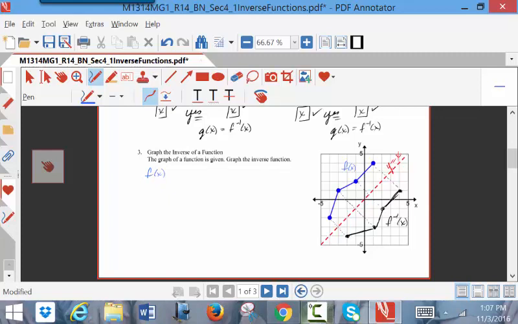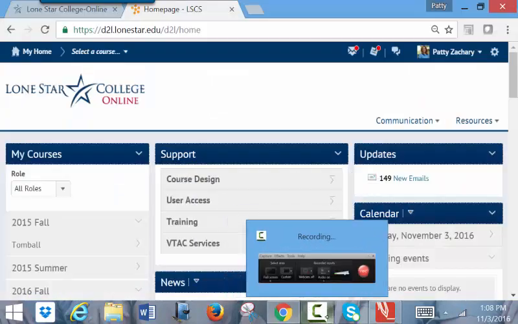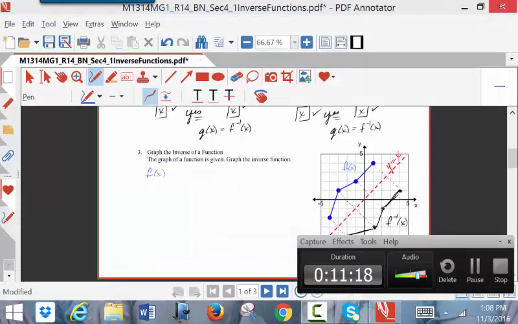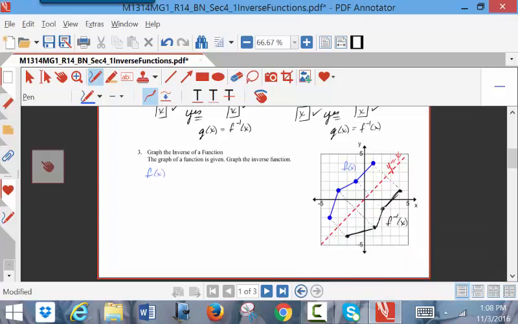That lowest point on the blue line, that would be the point, oh crud. What did I just do? Okay, here we go. This lowest point on the blue line would be the ordered pair (-4, -2). The next point would be (-3, 1).